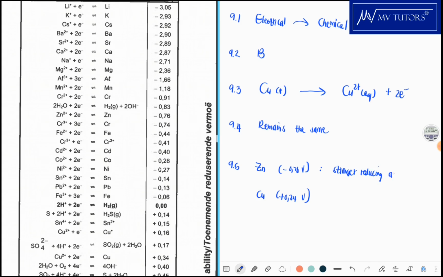Between itself and copper, it will not be reduced. Copper on the other hand will be reduced. So basically the stronger reducing agent is zinc, and it will not be reduced.